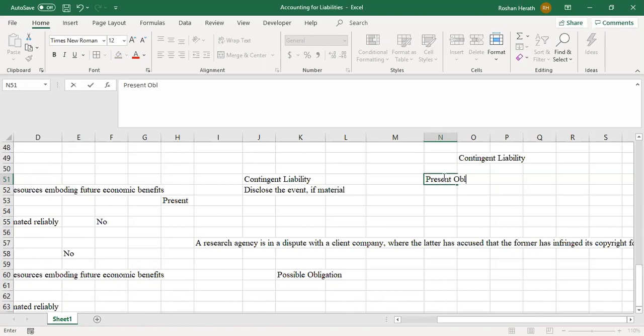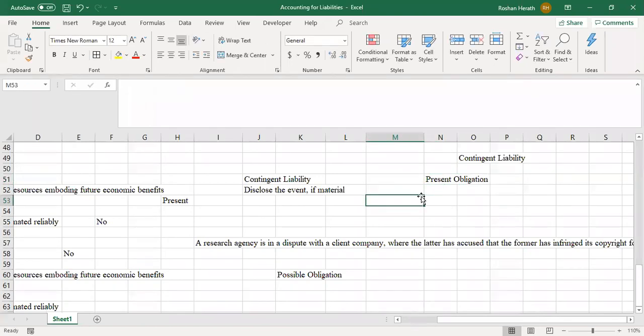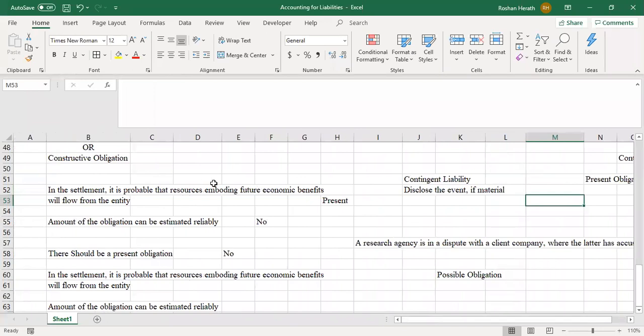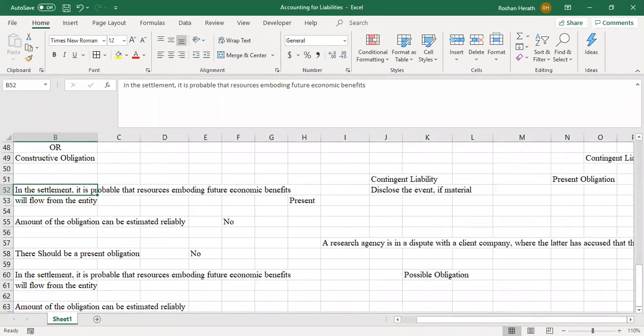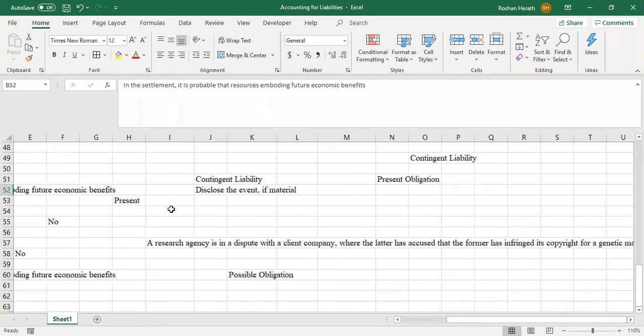A present obligation is there, but one of the two recognition criteria is missing, like in the previous case. In the previous case, you can see that the present obligation is there and the first recognition criterion gets satisfied, but the second one is missing. So even though there is a present obligation, you cannot make a provision.